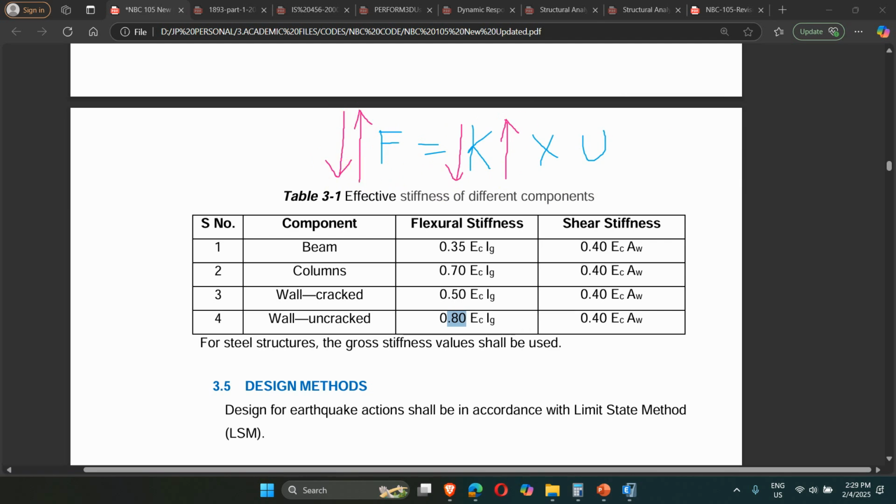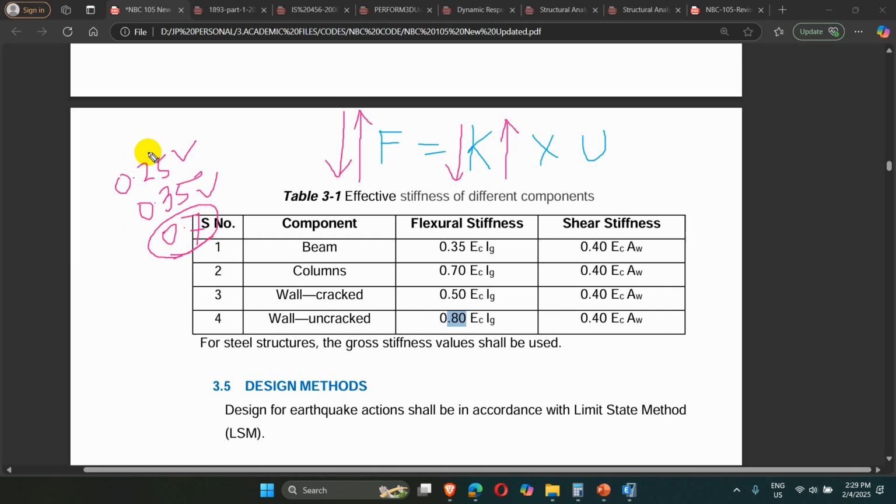Building codes have different stiffness modifiers to consider the cracked section. For example, if a slab has 0.25 as stiffness modifier, beam 0.35, and column 0.7, it means that the slab cracks more than the beam, and the column will be less cracked.